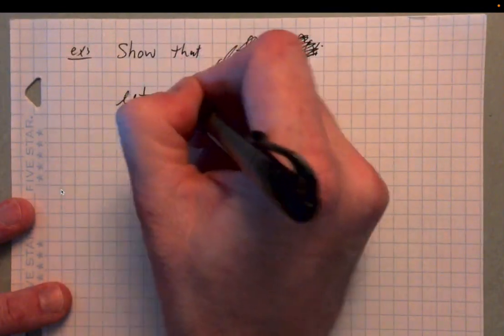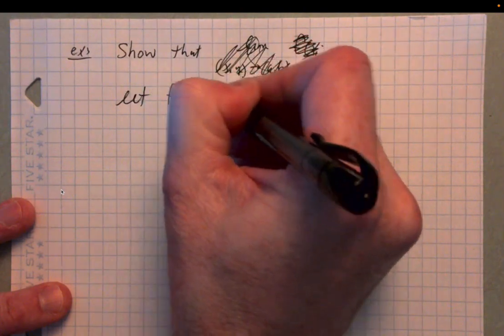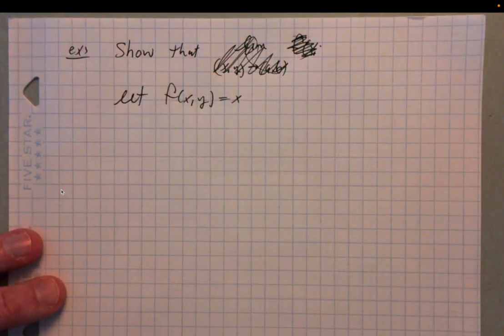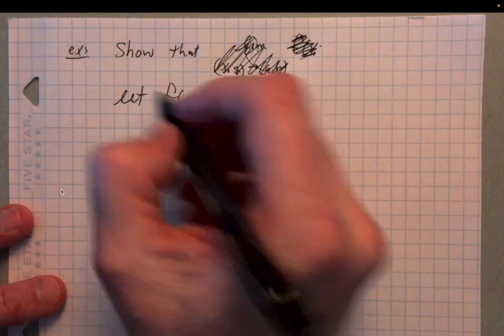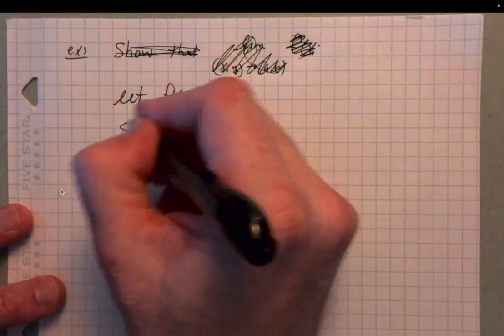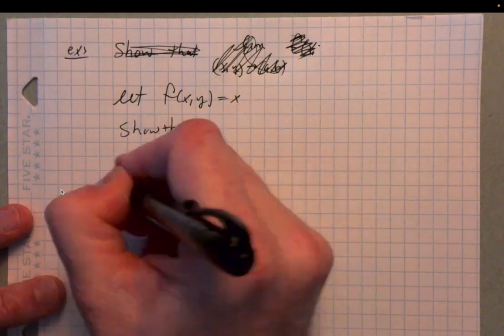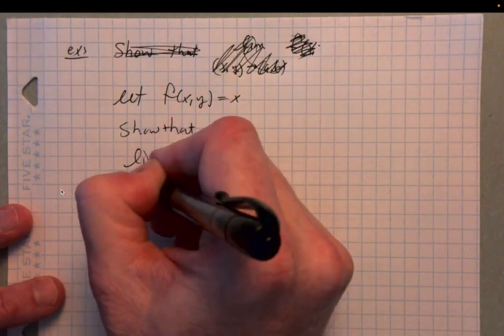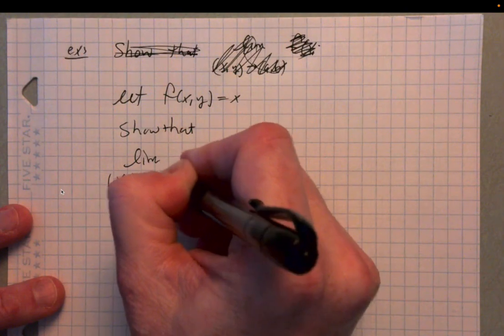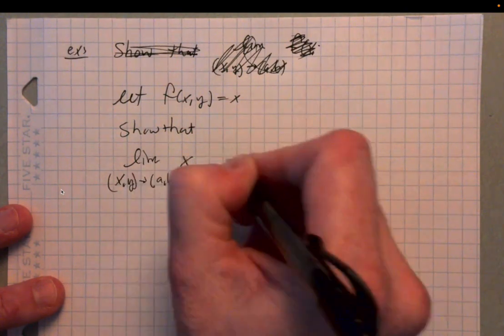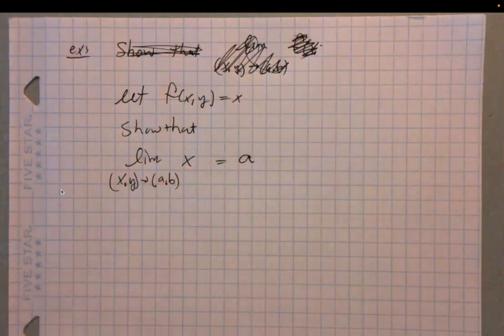So let's let f(x,y) equal x, okay? And let's show that the limit as (x,y) approaches (a,b) of x is equal to a. So kind of a simple example here. Okay, so let's show this one.